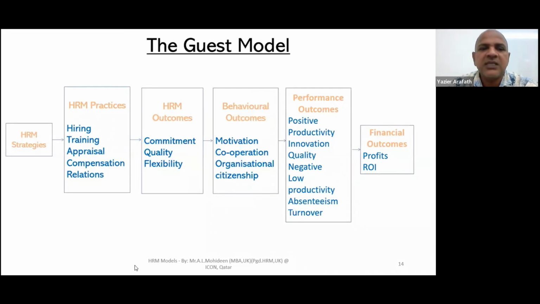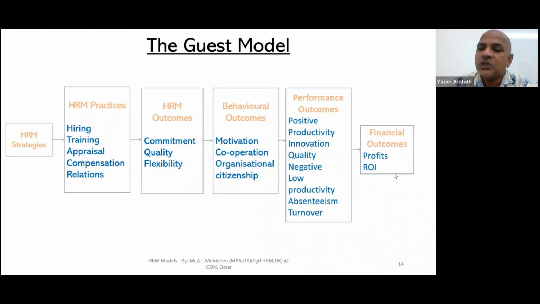The Guest model is another model. HR strategy: based on the strategy, there will be practices, and also outcomes, HRM outcomes and behavioral outcomes. If you focus on these behavioral and HRM outcomes, then the performance outcome will be there. Because of these outcomes, financial outcomes are there.